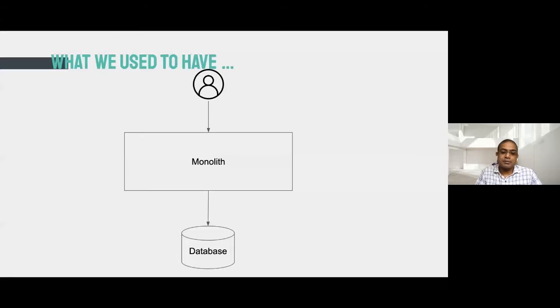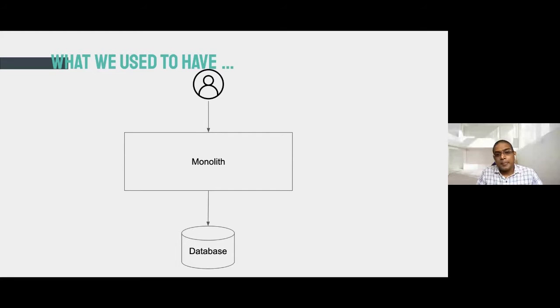Then the monolith is easy to handle, because there are few components you need to worry about at a given time, and you don't want to worry about too many components and too many servers. Whenever a release comes, you do your deployment and go ahead with your release on one server, or maybe at least two servers: one is the database server, another one is your application. So that is what we used to have.